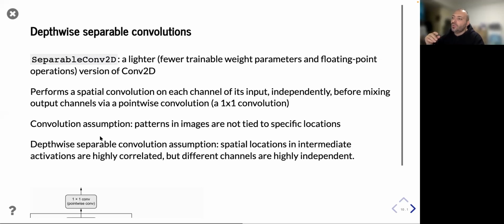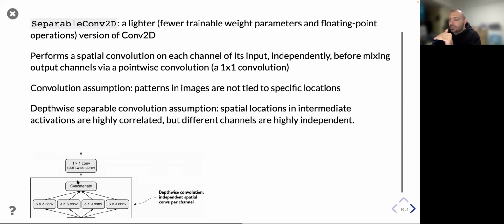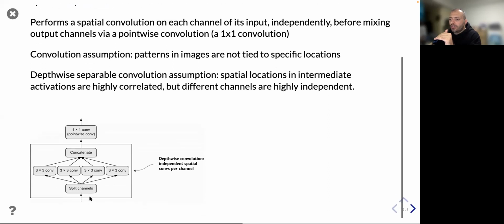The idea is that we perform a spatial convolution on each channel of the input tensor independently. So instead of having all the channels of the tensor processed through the convolution layer together, we break it channel by channel, as we can see here. So we have the input, whatever the input tensor is, and then we split the channels. Let's say we have 64 channels, feature maps.